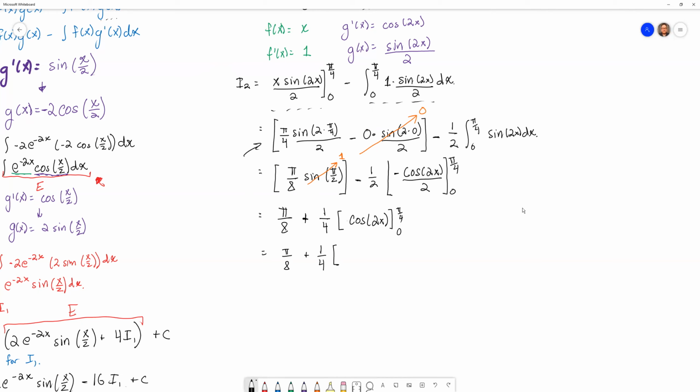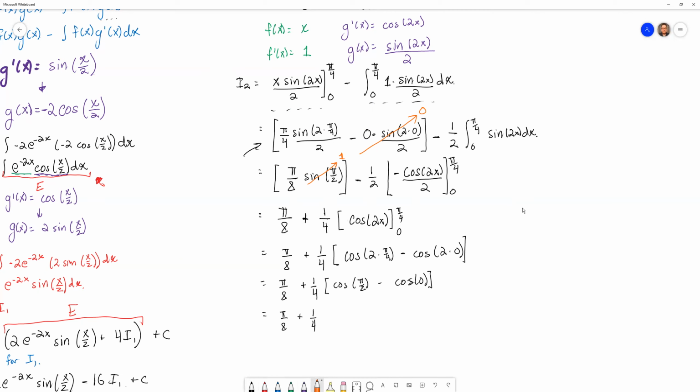So now we're ready to sub that in. So we have cos of 2 pi by 4 minus cos of 2 times 0, equals pi over 8 plus 1 over 4. And so this is cos of pi by 2 minus cos of 0, which is equal to pi over 8 plus 1 over 4.